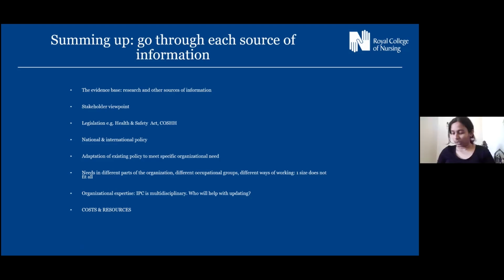So we discussed a bit of aims and objectives. Our aim is to look up the policies and update them to improve hand hygiene compliance and PPE compliance to a certain percentage or more.